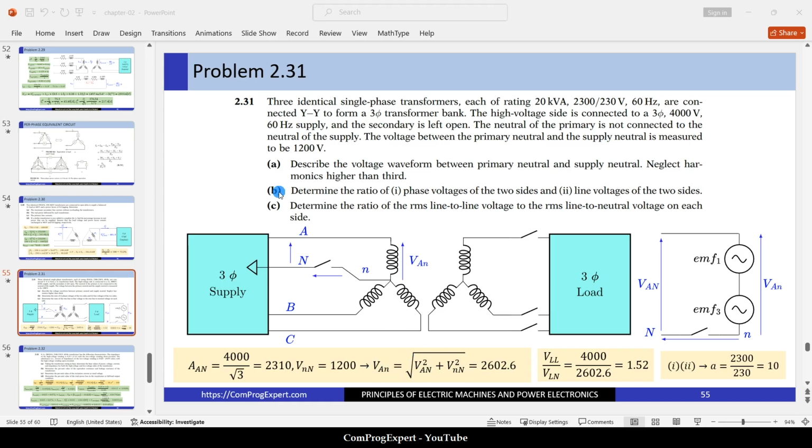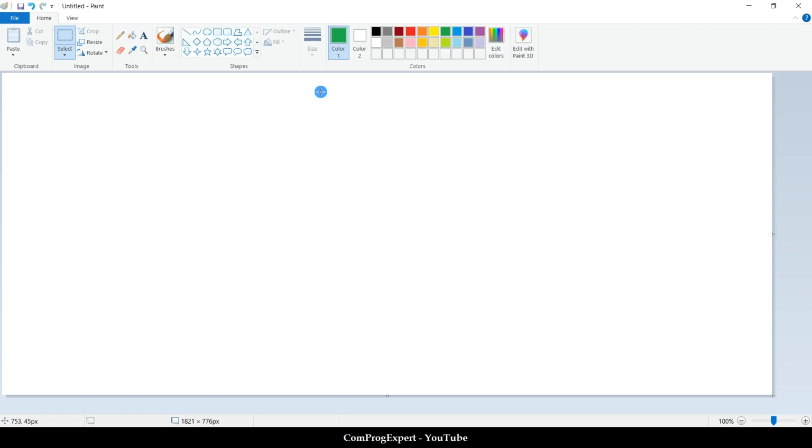Anyway, determine the ratio of phase voltage of the two sides, the primary and secondary. So here is the case. We have these two induced voltages for the primary, the first harmonic, the fundamental one, and the third one.